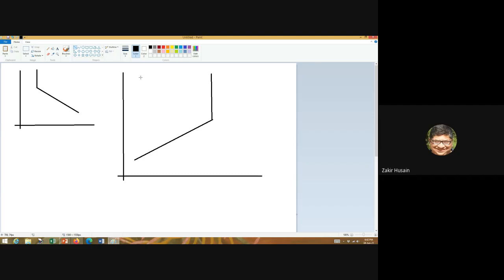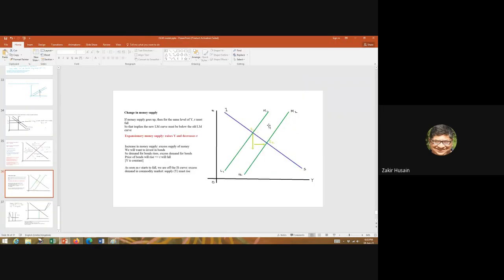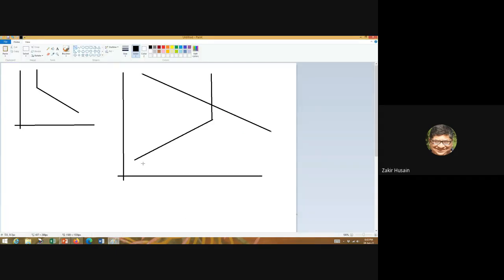Okay. Let's draw the IS curve now. It has to pass through this. So if money supply goes up, you're going to shift outwards, right?